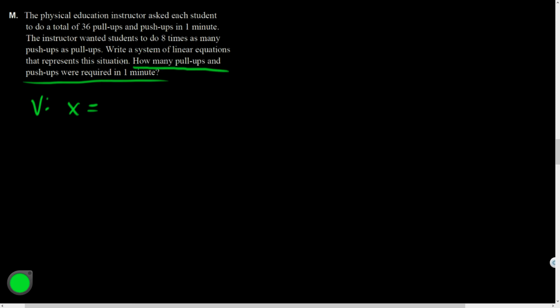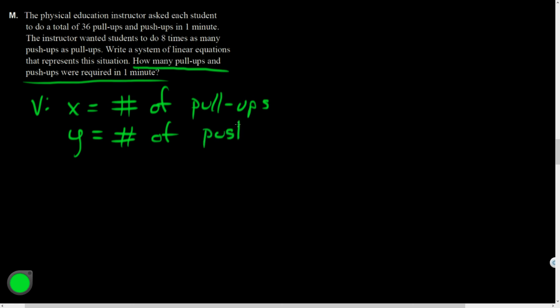It is how many pull-ups. So x is the number of pull-ups, and y is the number of push-ups. Technically, it's in 1 minute, but I don't really care.